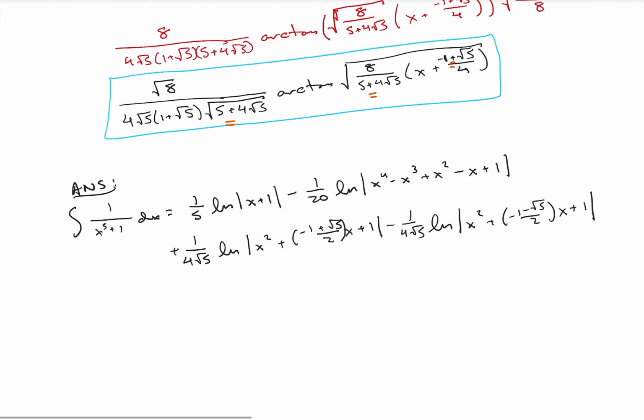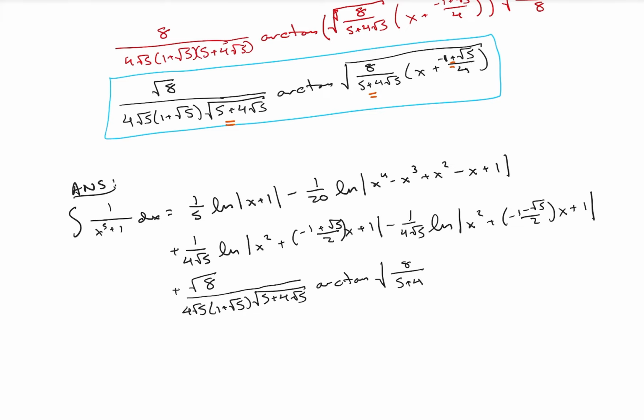And then we're going to have these arctan terms. So then we're going to have plus root 8 over 4 root 5 times 1 plus square root of 5, square root of 5 plus 4 root 5, arctan of the square root of 8 over 5 plus 4 root 5 times x plus negative 1 plus square root of 5 over 4.